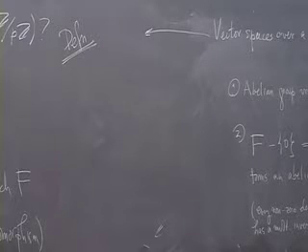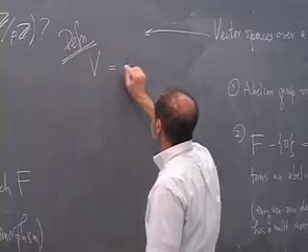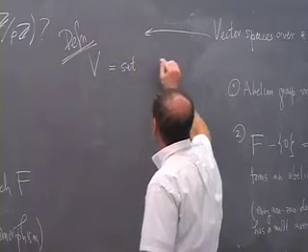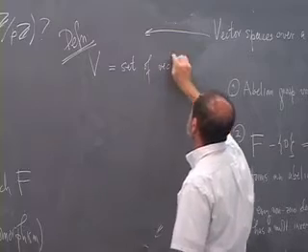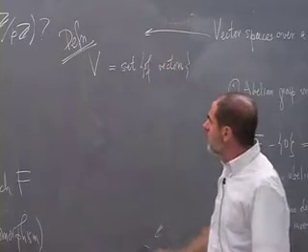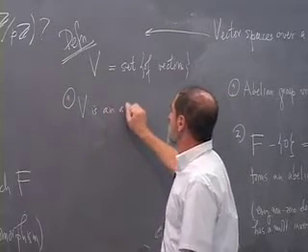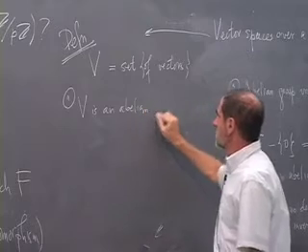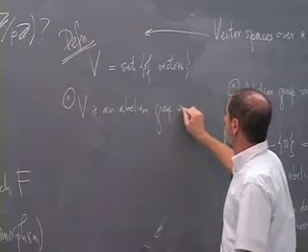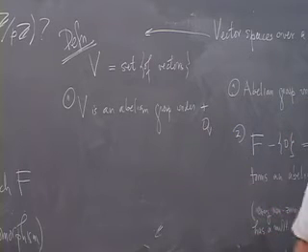OK, so a vector space over a field is a set V, that's a set of vectors, with the following properties. 1, V is an abelian group under addition with identity element 0V, just like it was for the real numbers, et cetera, et cetera.